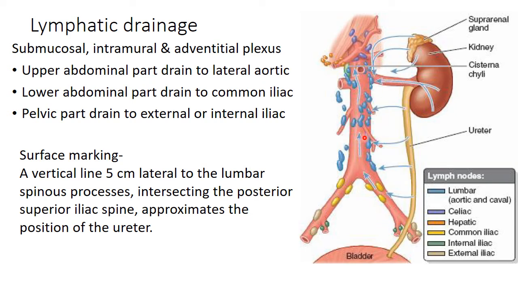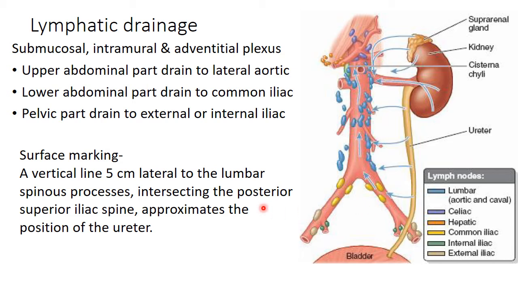From the lower abdominal part, they can drain into the common iliac group of lymph nodes. From the pelvic part, they drain into the external or internal iliac group of lymph nodes.